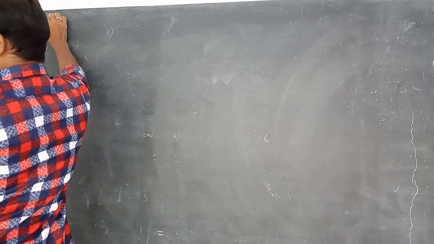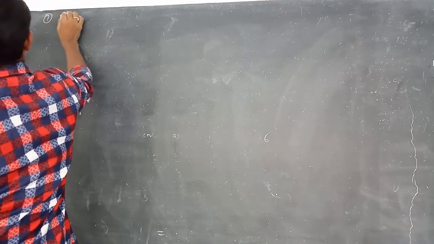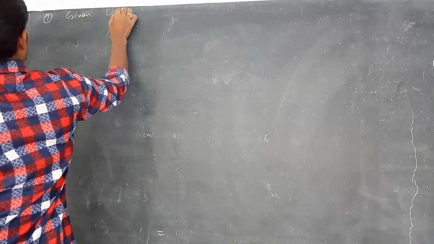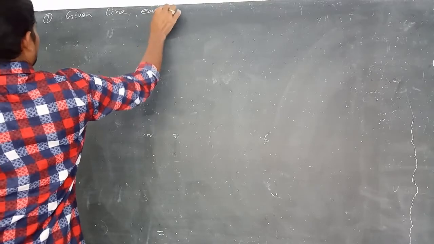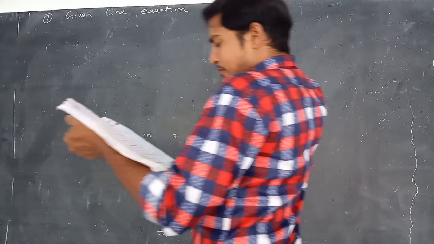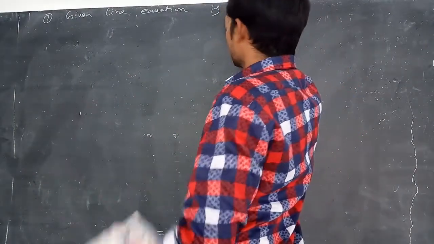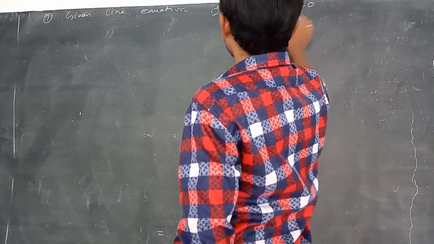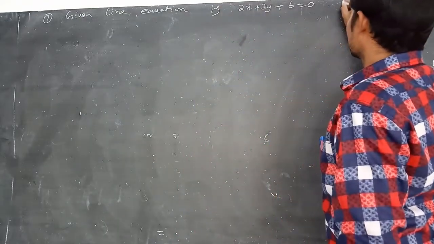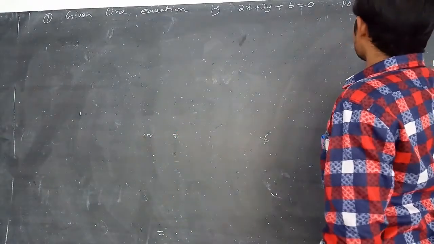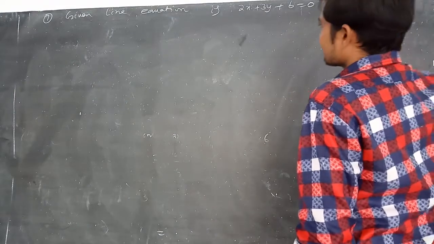This is seventh one. Given line equation is 2x plus 3y plus 6 equal to 0. And point 3 comma minus 2.